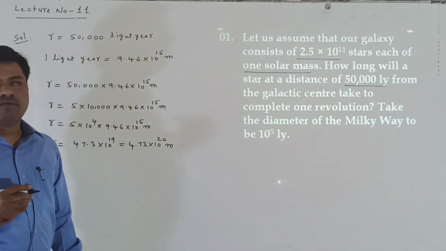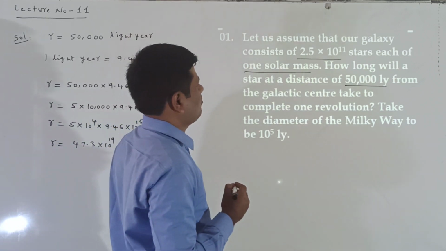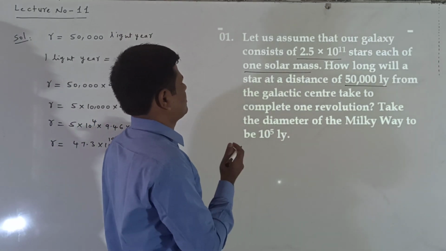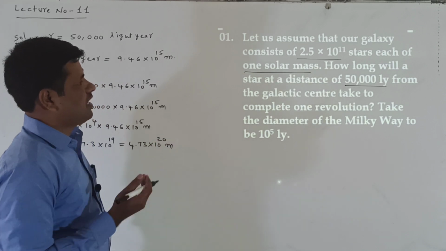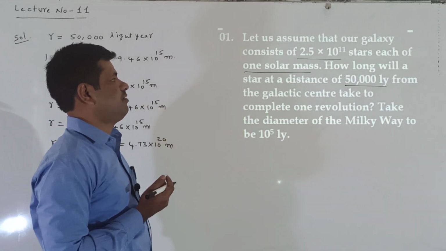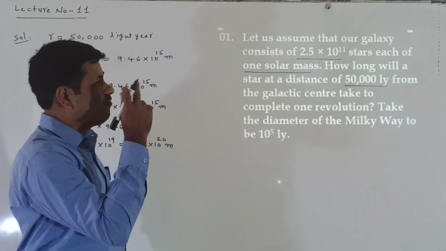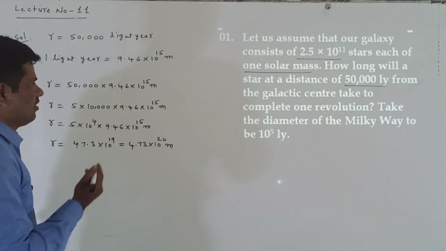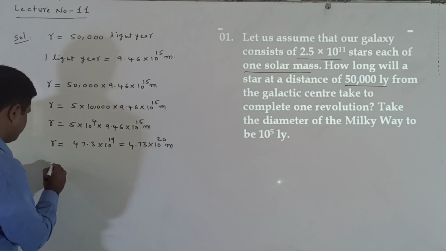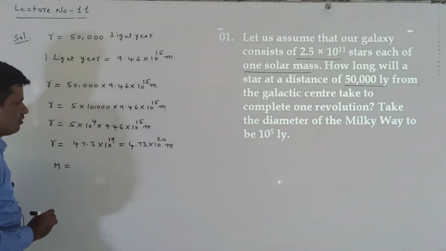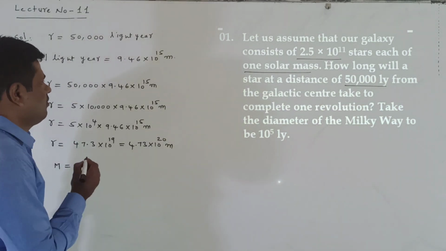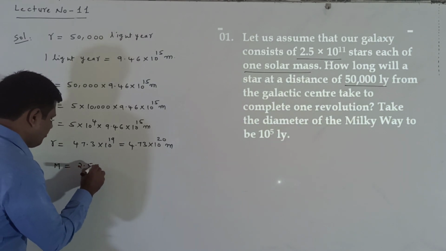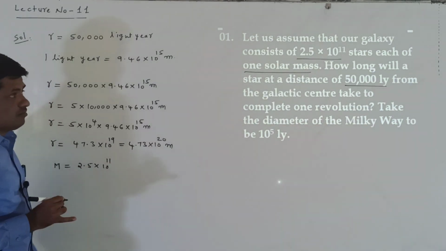And the mass value is also given here: 2.5 into 10 power of 11 stars, each of 1 solar mass. Means the total mass of the galaxy can be written as: how many stars are there? 2.5 into 10 power of 11 stars.